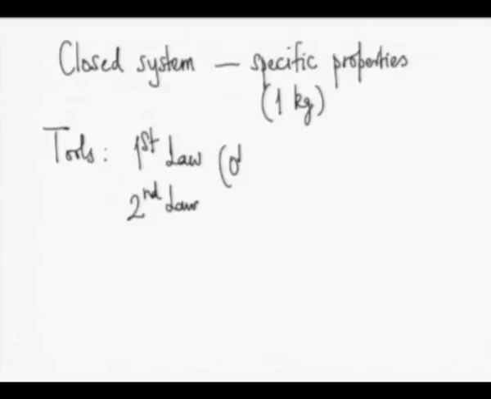Zeroth law will be hidden in the background, we do not have to specifically invoke it, but since we are looking at properties, everything is in equilibrium including thermal equilibrium, so the zeroth law is being taken care of. We will look at what is known as the basic property relation.